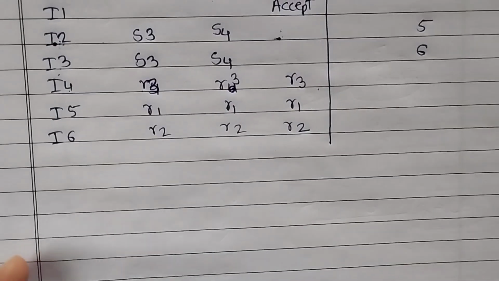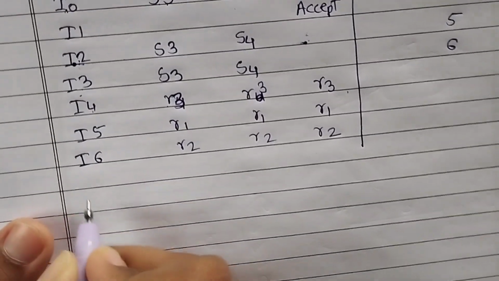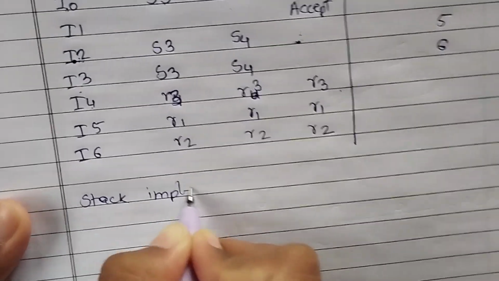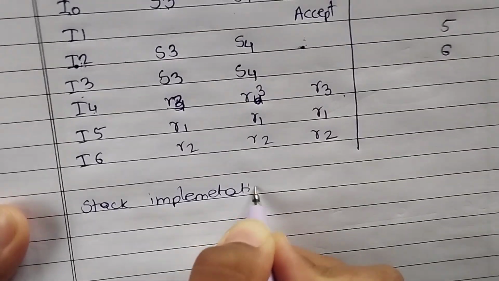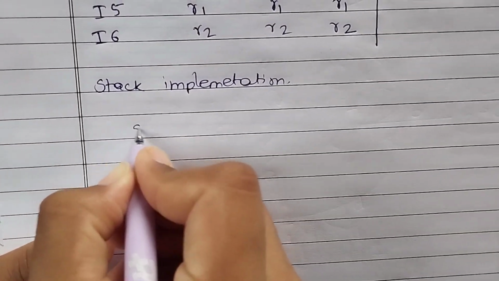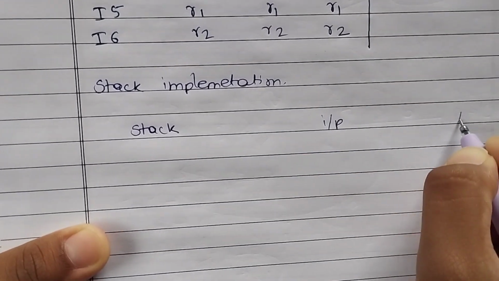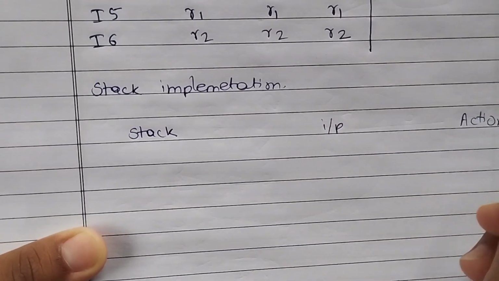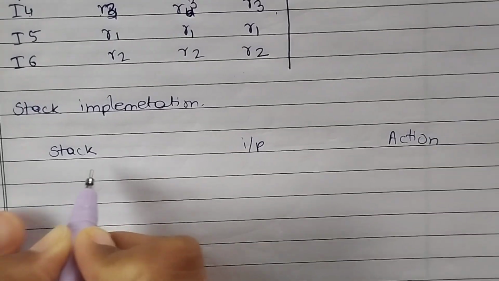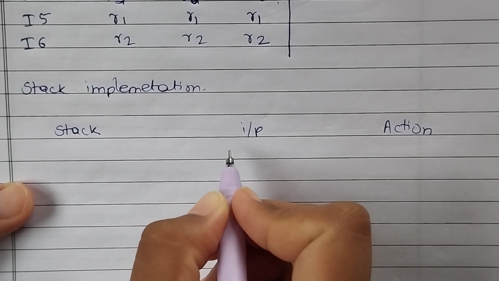Now stack implementation means the input. We see how the input is accepted. So for that we consider the columns stack, input and action. As I mentioned, we consider the input first. The input is always given in your exam.